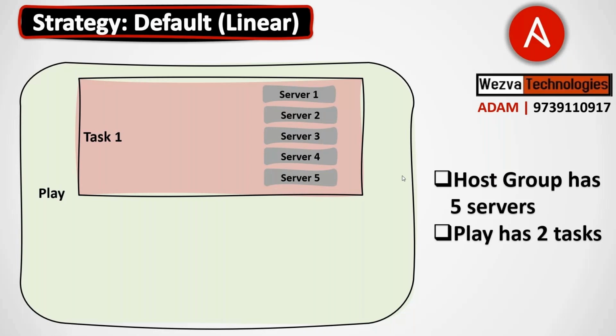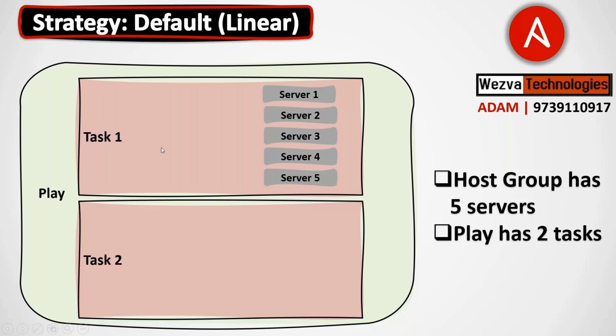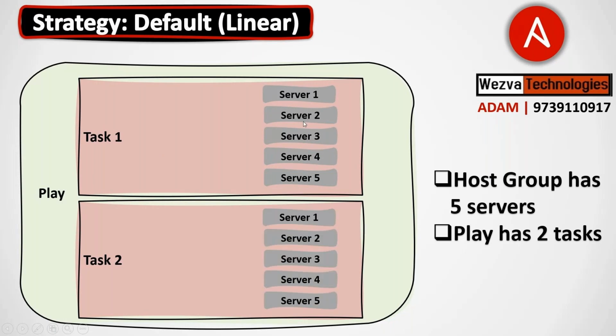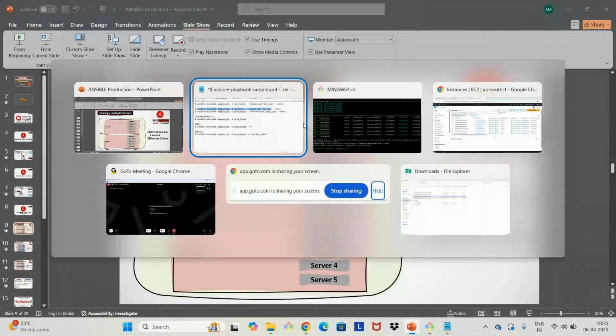Once all of this is completed, only then it will go to task 2, and once again in task 2 it picks up all the servers to run in parallel. So this is the default behavior of Ansible, which is not good for production. Why? We will see. Now, first, let me show you how this runs. I'll go back to my machine.